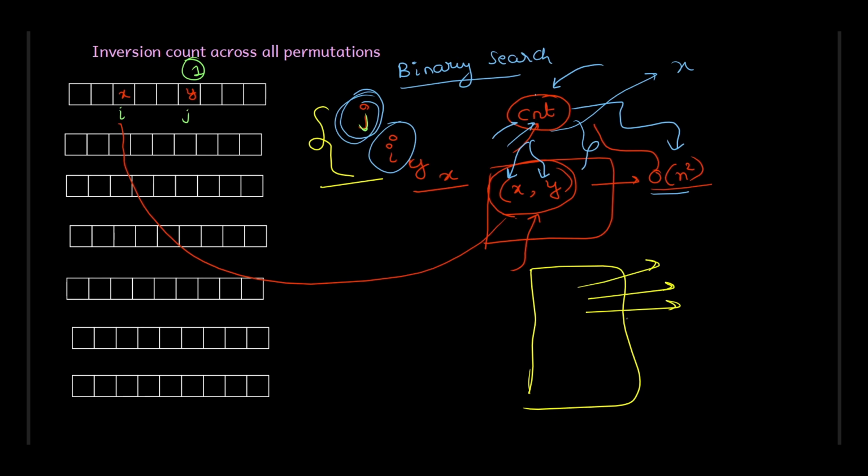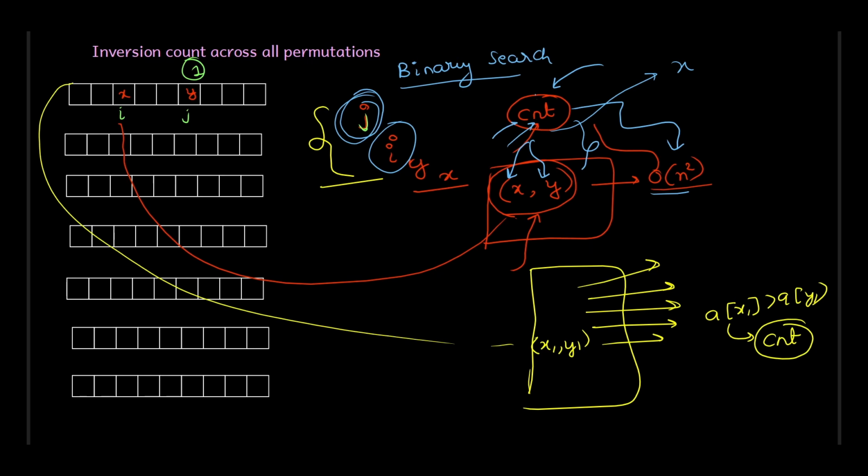If there is pair x1 and y1, and you see that a of x1 is greater than a of y1, then you say that this pair contributes to the count of pairs that can actually be placed at this location I comma j.